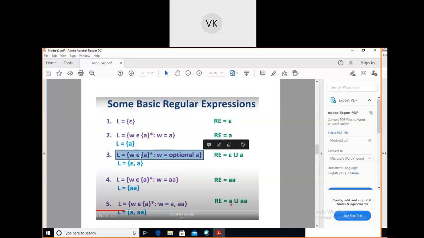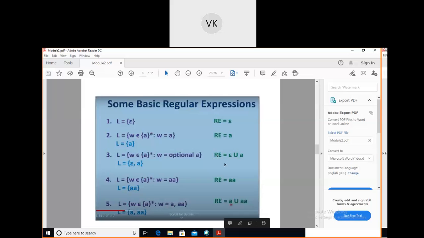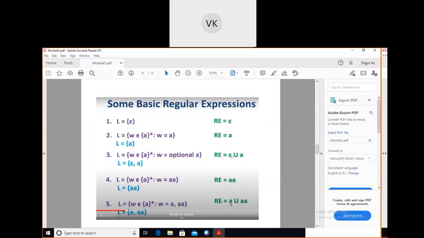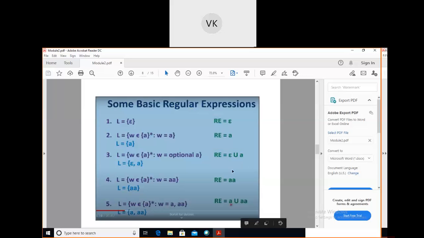A regular expression is just like a mathematical expression, having characters along with special symbols. Here, epsilon union a means epsilon or a: it may be there or it may not be there.